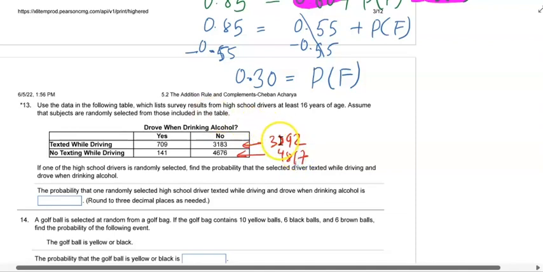Notice that 3892 are the people who text while driving, and 4817 are the people who do not text while driving.